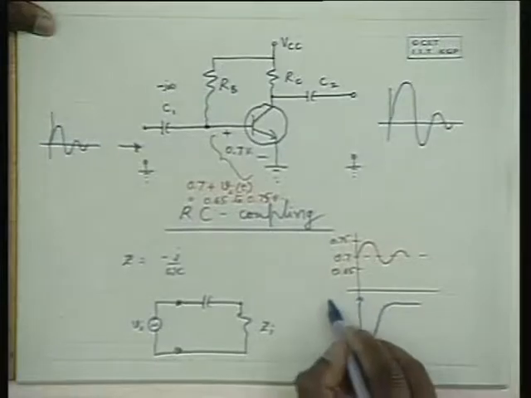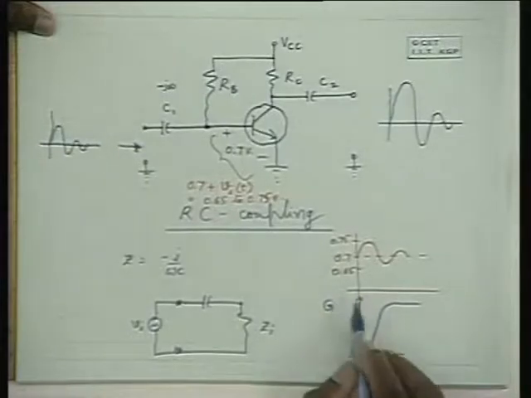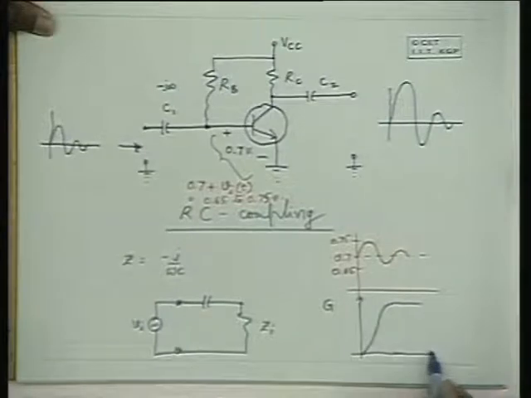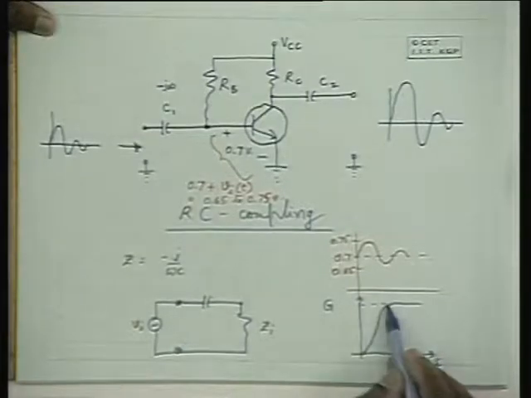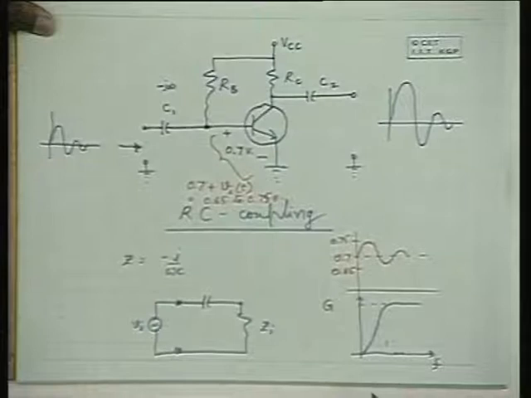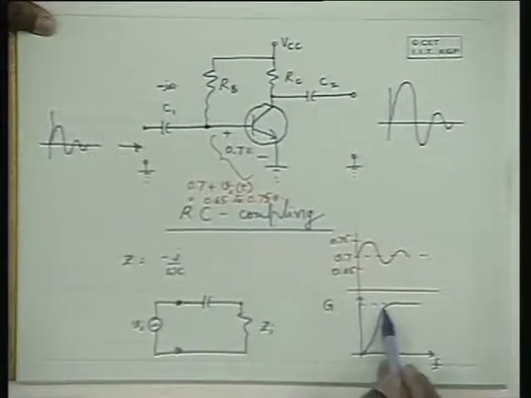So if you plot the gain of the amplifier as a function of frequency, at high frequencies it gives you full gain. At low frequencies the gain falls, because of this voltage division, the input alternating signal gets divided between these two. Hence the gain falls.